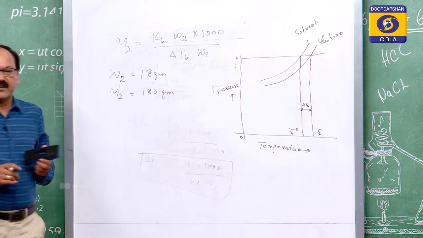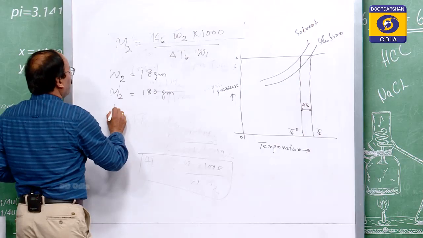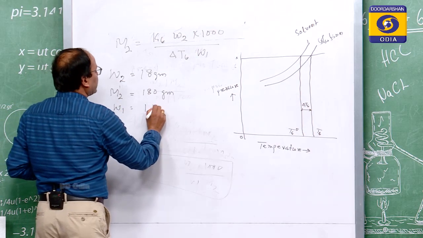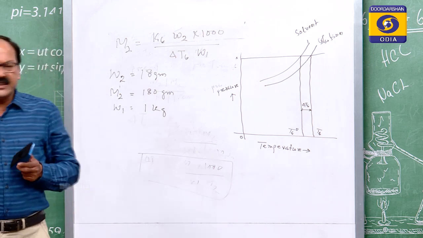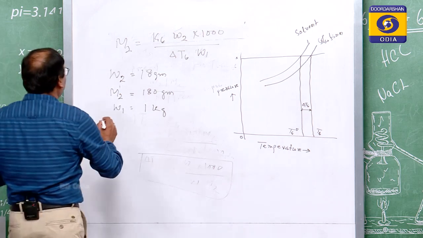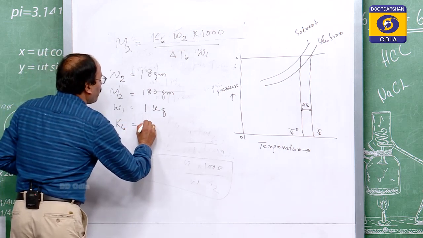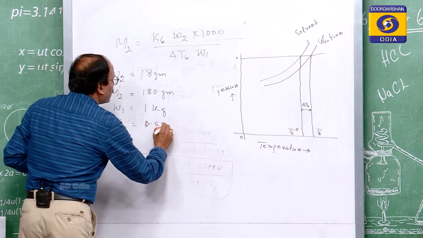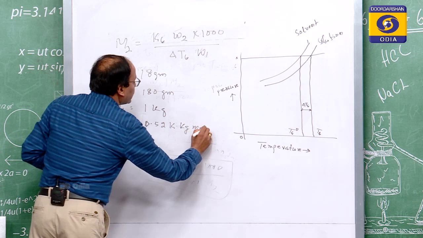The mass of the solvent is 1 kg, that is W1 is equal to 1 kg. Kb is also given, Kb is equal to 0.52 Kelvin kg per mole. These are the data given.